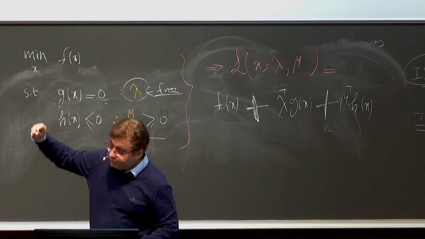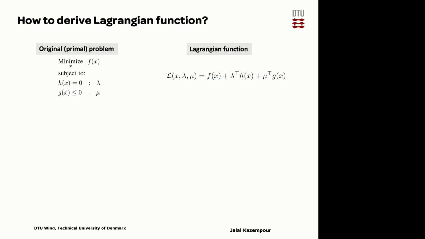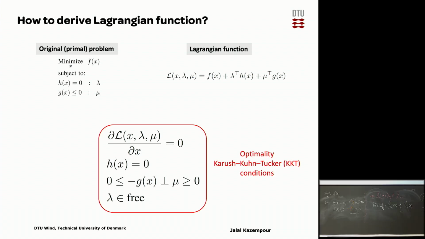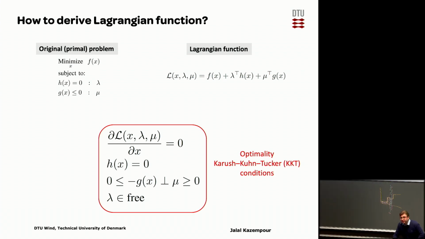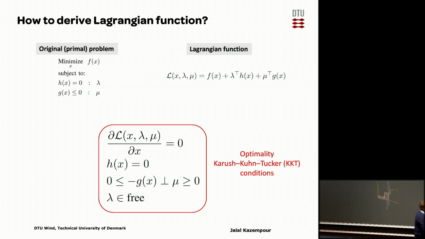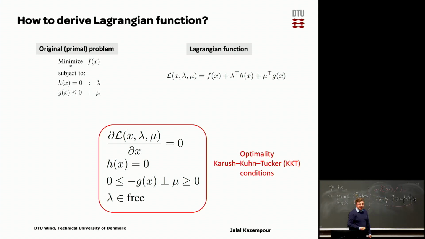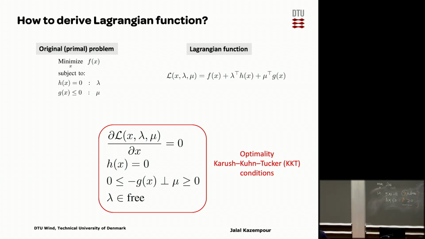So we have our original optimization. Now we write its Lagrangian function. We would like to solve it by hand, not by Julia. How can we do that? We can write a system of equations that we are going to call the Karush-Kuhn-Tucker, KKT, conditions.